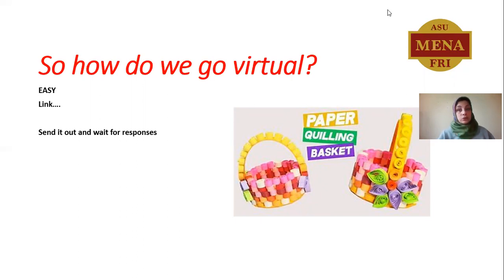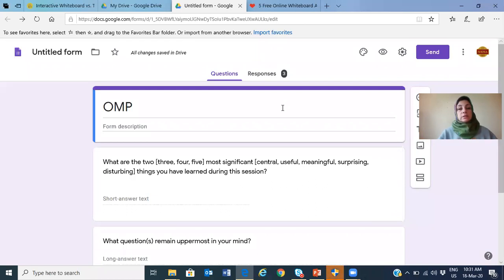So this is a 1-minute paper that we have created on Google Form. For more information on how to create Google Forms, there is another video inside this playlist that shows you how exactly to work with Google Form.